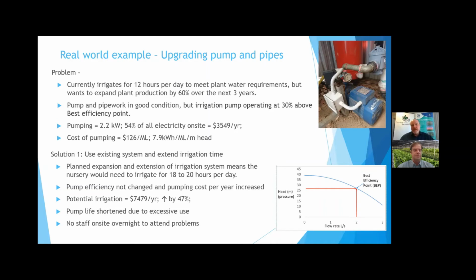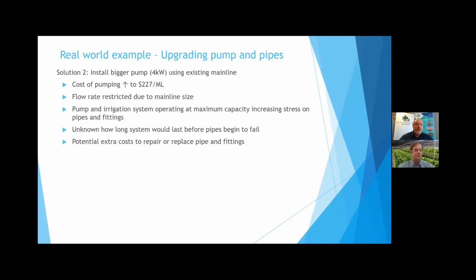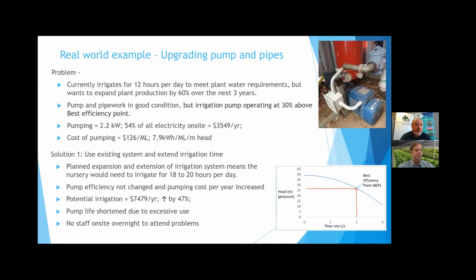So when we actually looked at another option of just putting in a bigger pump and using the same main line, the cost of pumping actually came out to $227. Sorry, I didn't mention previously that we worked out his current pumping was costing him $126 per megalitre, and his pump efficiency was at 7.9.